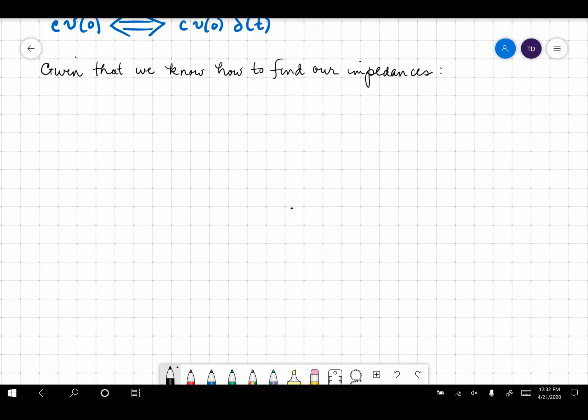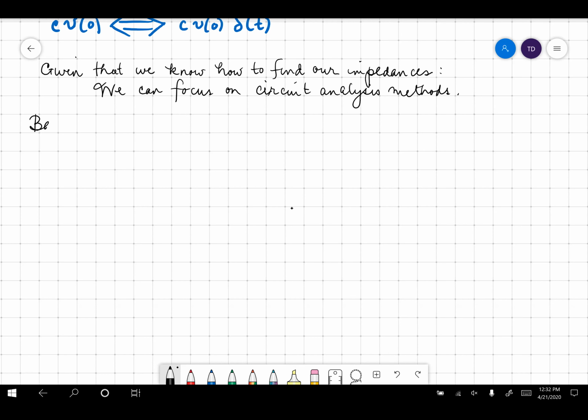So given that we know those impedances, what we can then focus on is circuit analysis methods. I'm not going to spend a lot of time on this, but this is what I want to show you.